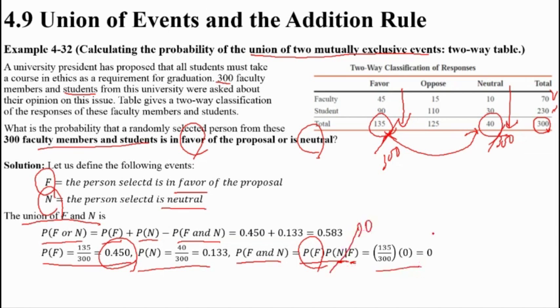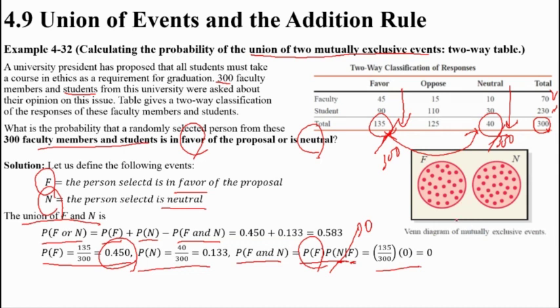So favor and neutral have nothing common, this part goes to 0. So they're counting only the marginal part, the probability of marginal. The joint probability goes to 0.